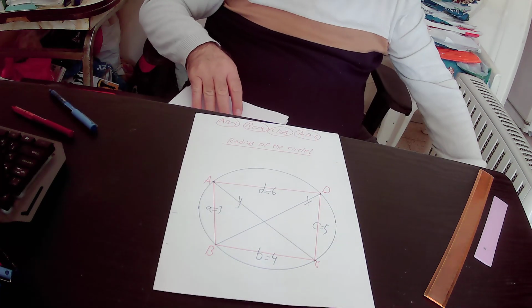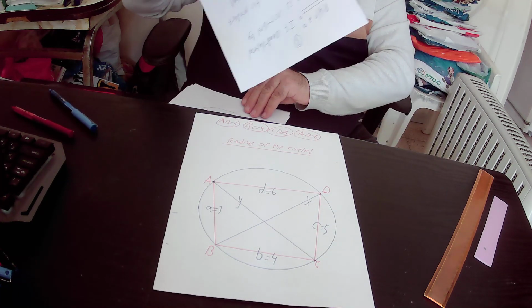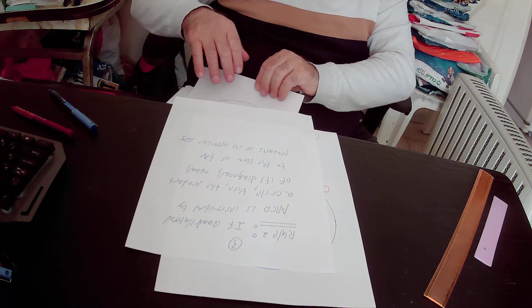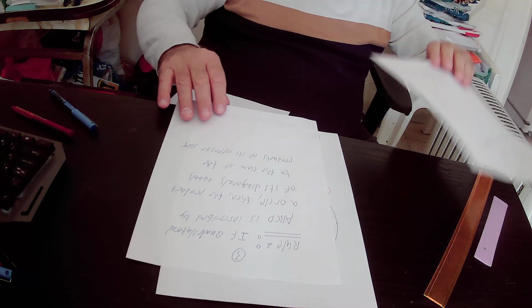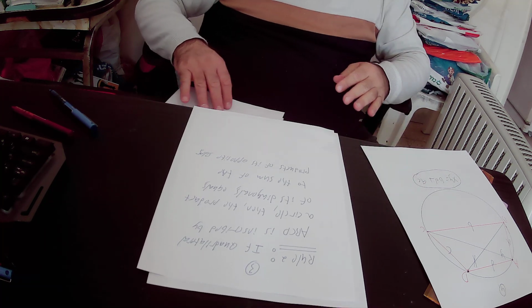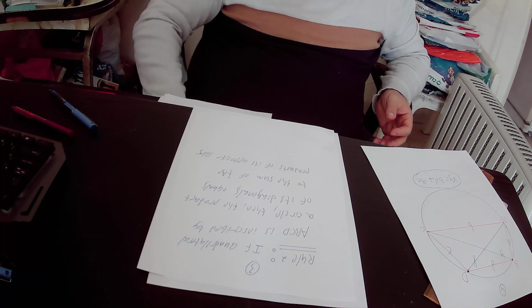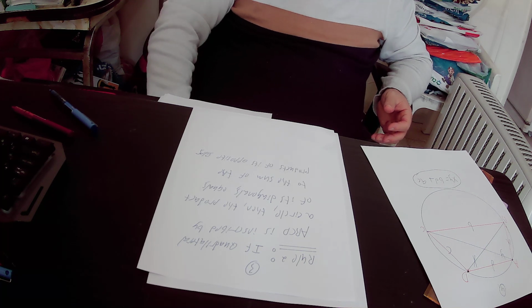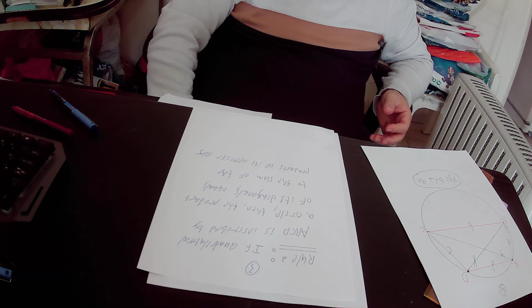And I also presented to you rule number 2. According to rule number 2, if quadrilateral ABCD is inscribed by a circle, then the product of its diagonals equals the sum of the products of its opposite sides.